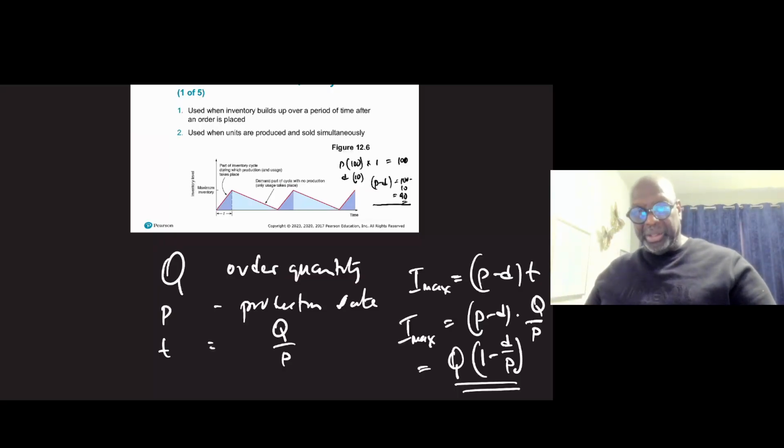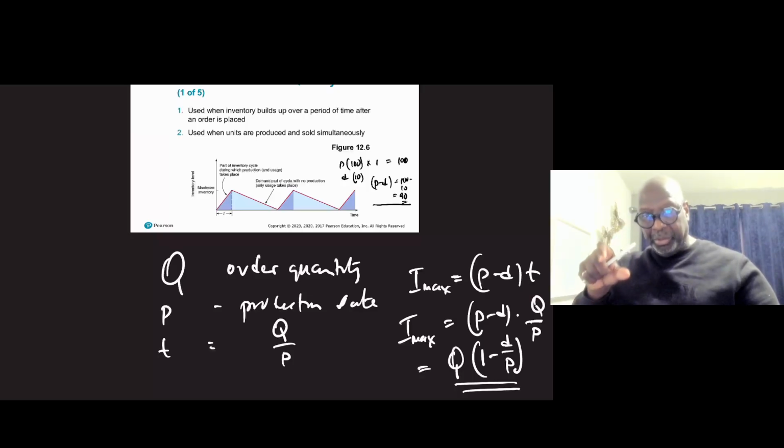So depending on the quantity that I want to produce, it will tell me how long it's going to take me to produce Q, and then I will know what the maximum inventory level is, which is Q times 1 minus D over P.